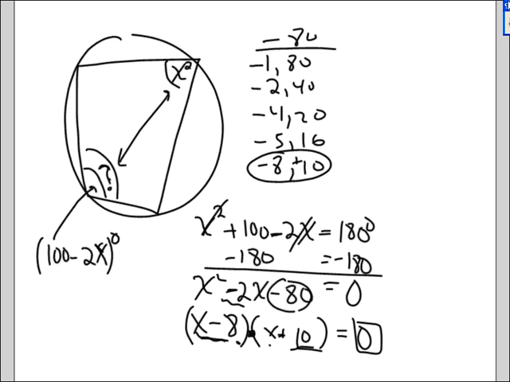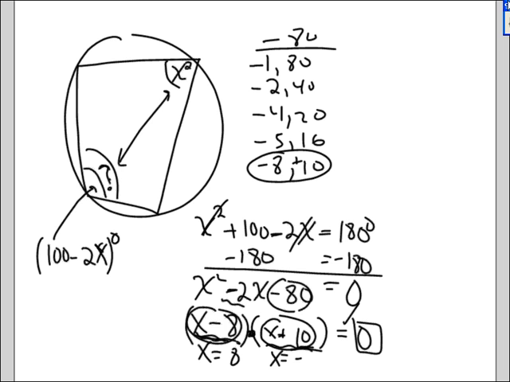you don't get 0. One of these numbers has to be 0 for the product to be 0. When x is 8, this is 0, and that happens to be 18, but 0 times 18 is 0.